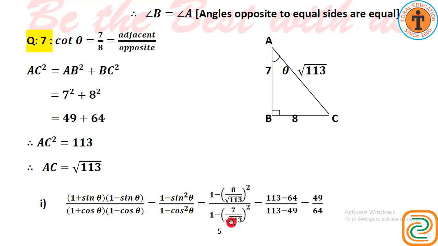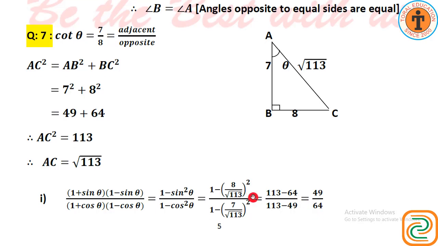Similarly, taking LCM here, 113 minus 49. So 49 upon 64. This is our answer. The 113, which is the LCM, will be removed because it is in both numerator and denominator. So this answer is 49 upon 64.